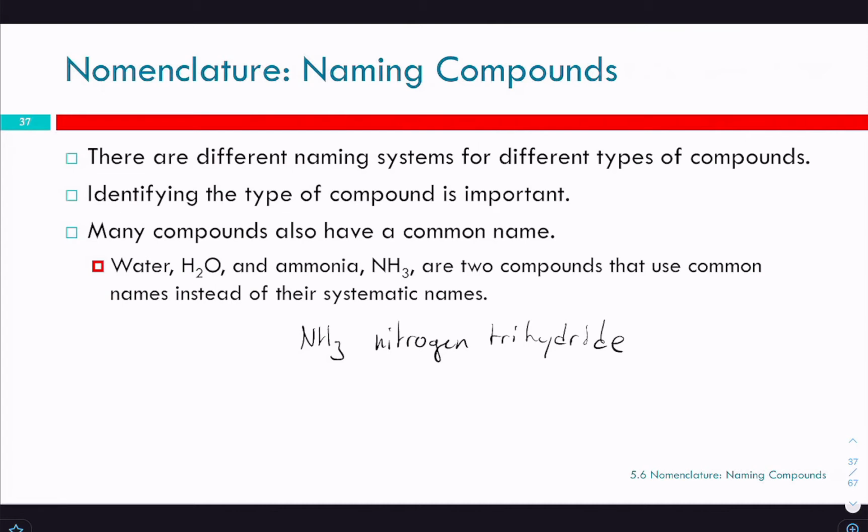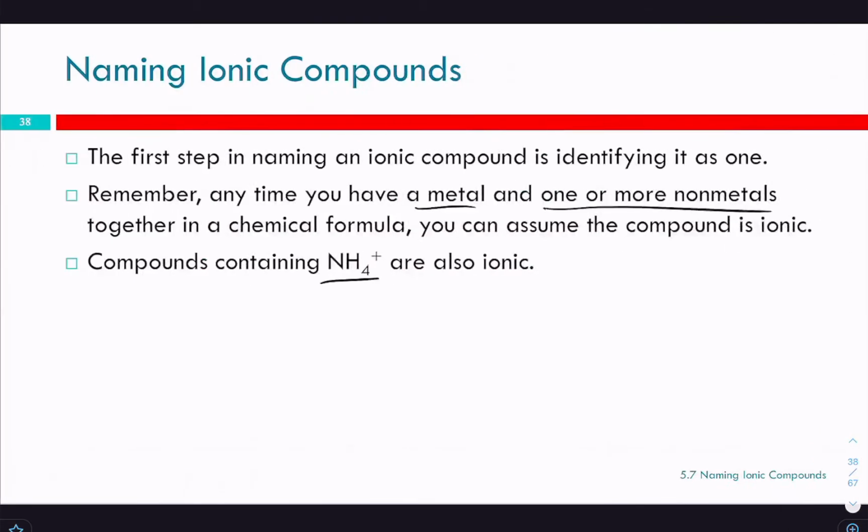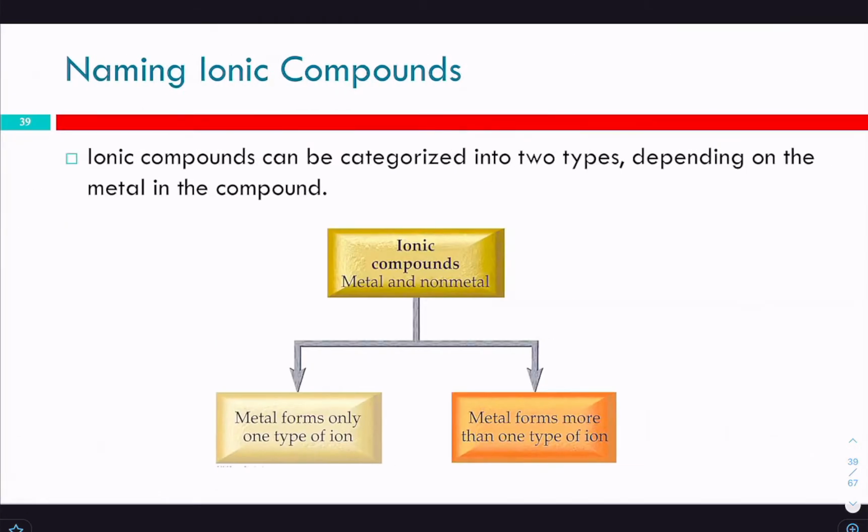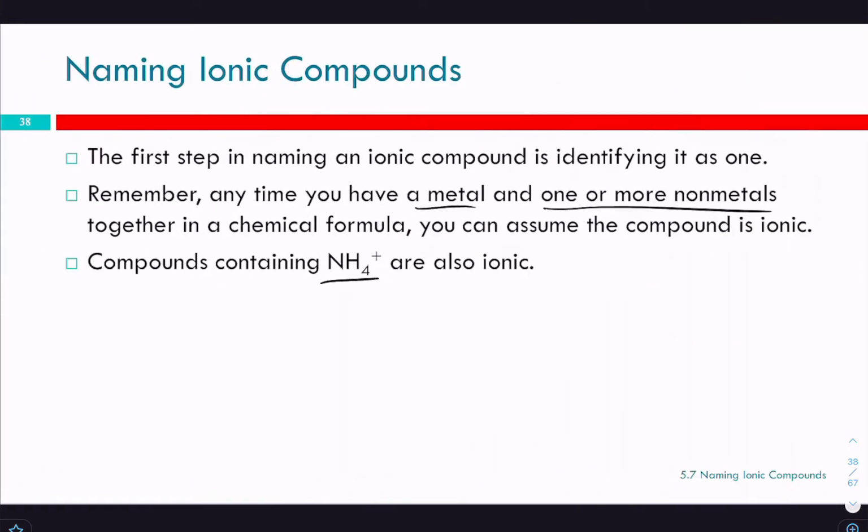And then naming compounds is where we were at last time. So going from the chemical formula to the name. Right, here we are. Ionic compounds.